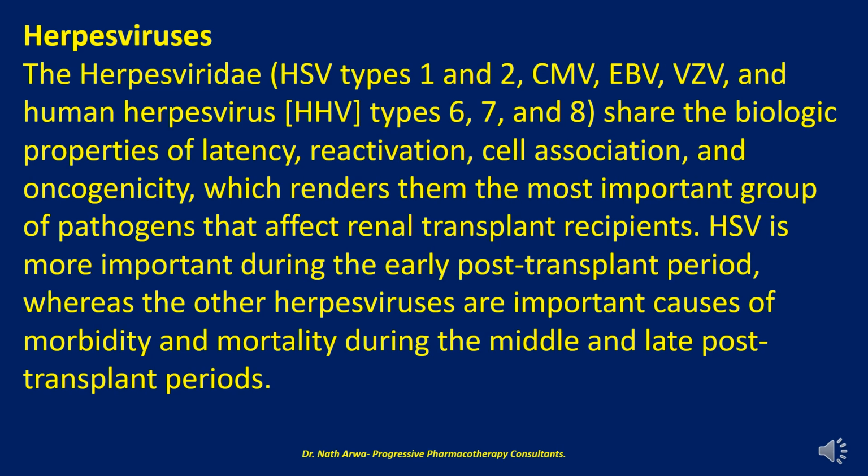We will now discuss herpes viruses. The herpes viridae, that is HSV types 1 and 2, CMV, EBV, VZV, and human herpes virus, HHV, types 6, 7, and 8, share the biologic properties of latency, reactivation, cell association, and oncogenicity, which renders them the most important group of pathogens that affect renal transplant recipients.